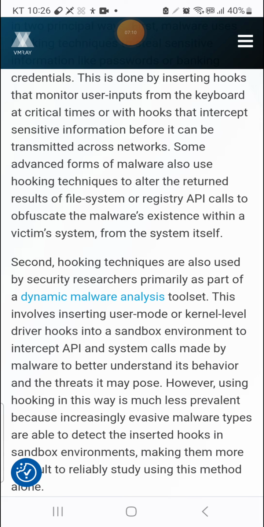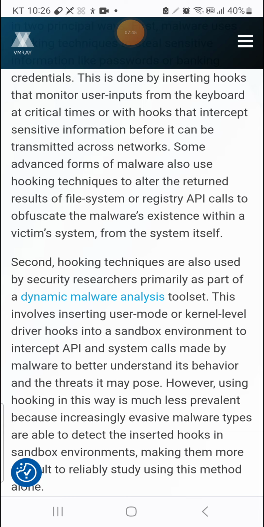Obfuscate the malware's existence. Second, hooking techniques are also used by security researchers primarily as a part of a dynamic malware analysis toolset. This involves inserting user mode or kernel level driver hooks into a sandbox environment to intercept API and system calls made by malware to better understand its behavior and the threats it may pose.